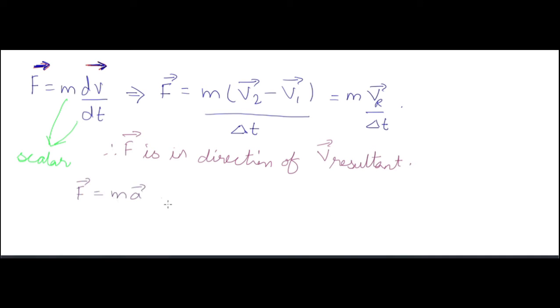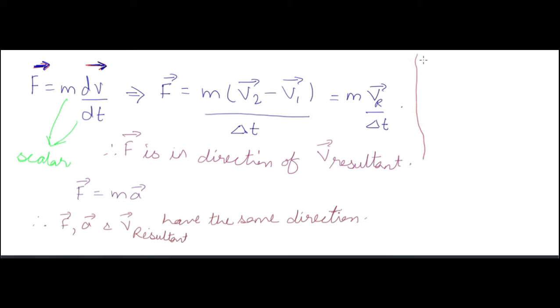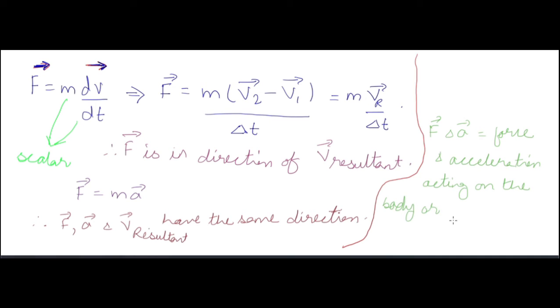Now F is equal to mass into acceleration, hence force, acceleration and resultant velocity all have the same direction, where F and a are the force and acceleration acting on the body. So now you know that the direction of the force or acceleration experienced by a body is equal to the direction of the resultant velocity that the body is having.